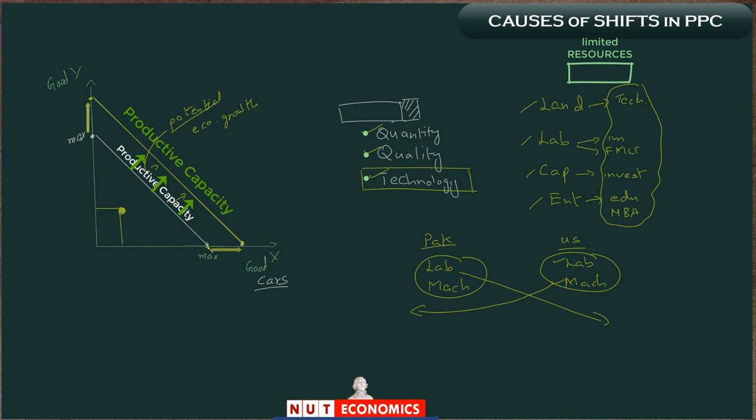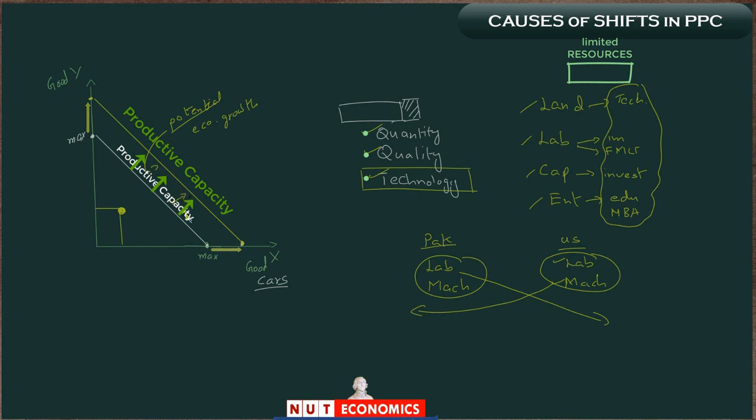Now, if tomorrow morning you wake up and you are told that Pakistan has discovered a lot of natural resources and therefore its potential output has increased, that doesn't mean it has already started making more goods and services. People are still going to next day make all the goods that they were making yesterday. So actually you are still sitting at this point, but your potential has increased.